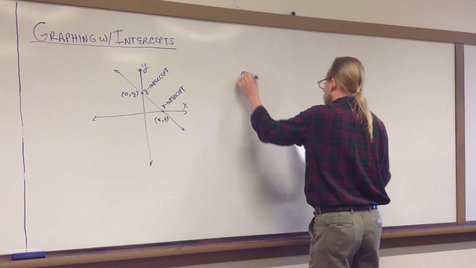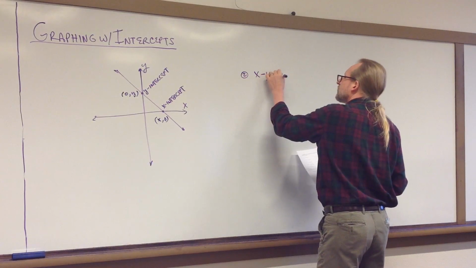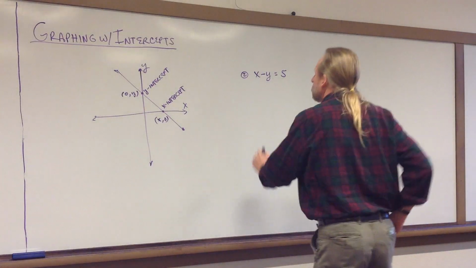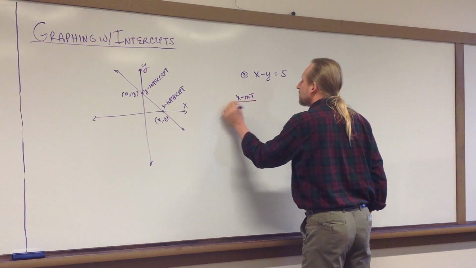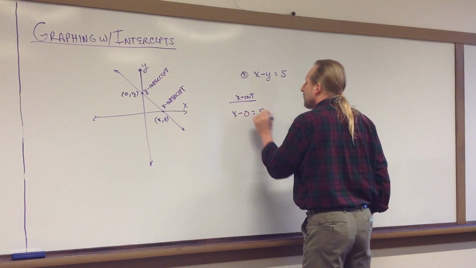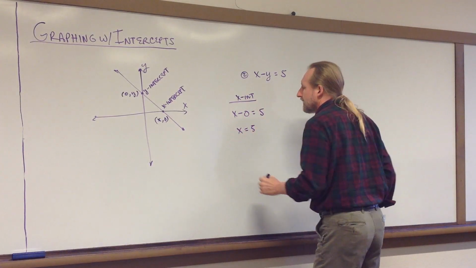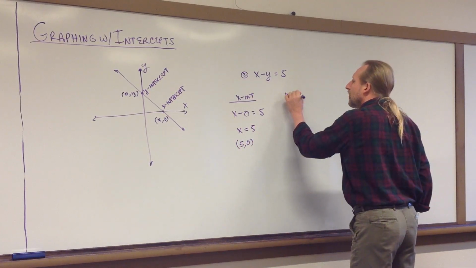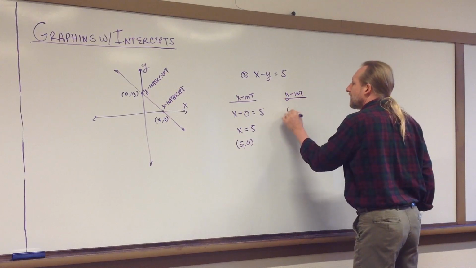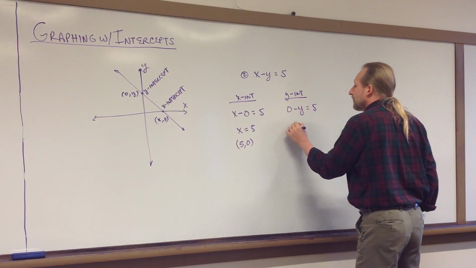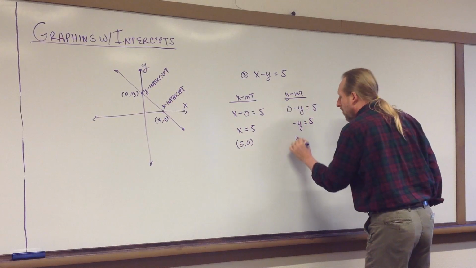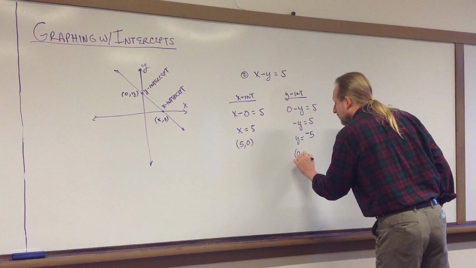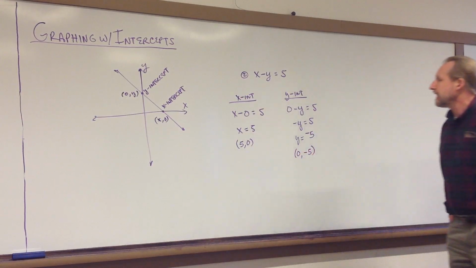So we look at something like problem 2, x minus y equals 5. To find the x-intercept, we plug in 0 for y and find out x equals 5, and so the x-intercept is 5, 0. To find the y-intercept, we plug in 0 for x, and then we get -y equals 5, and so y equals -5, and that's the point 0, -5.